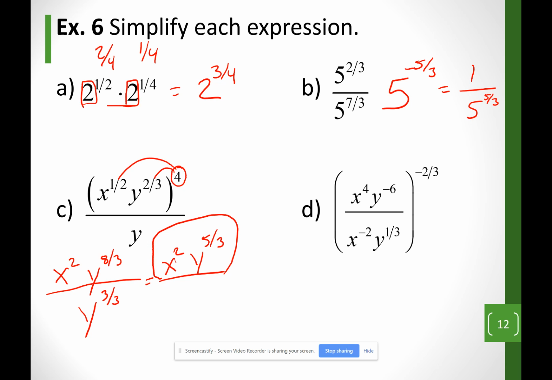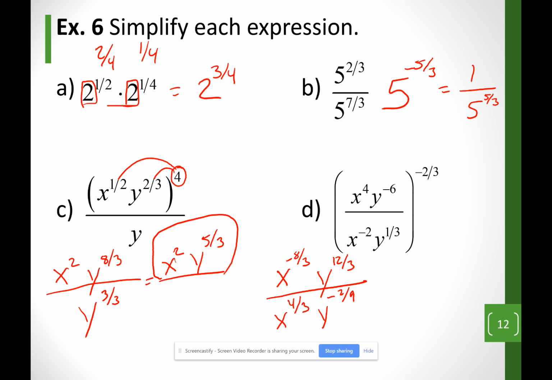Now looking at example D, let me get rid of parentheses by multiplying the exponent on the outside to the exponents on the inside. So I have x to the negative 8 over 3, y to the positive 12 over 3, over x to the positive 4 over 3, and then y to the negative 2 over 9.